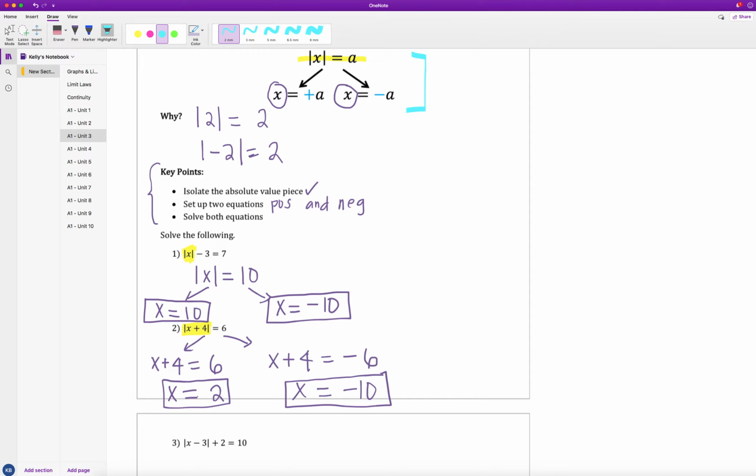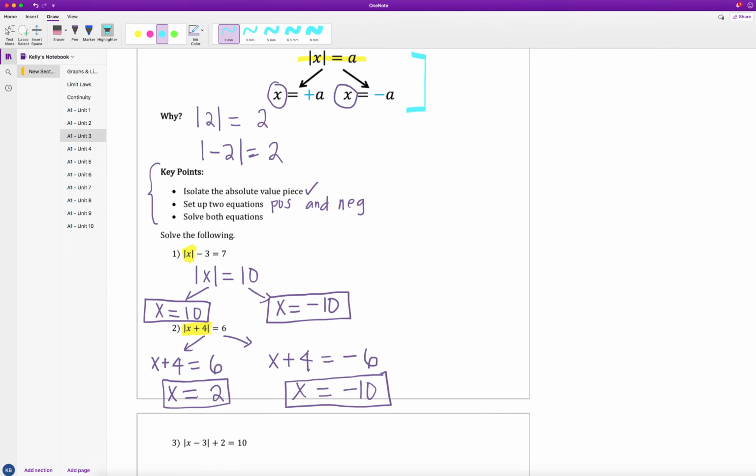But example 2 points out that that doesn't always happen. So in example 2, I got one answer which was positive 2 and another answer which happened to be -10. So I don't get opposites of each other all the time. So it's important to make sure we're showing all of our work as we're going through, because we can't just assume that I'm going to get plus or minus the same number. That will not always happen.